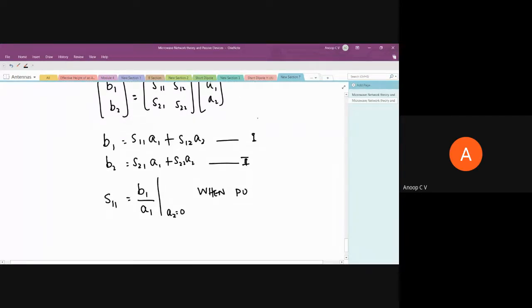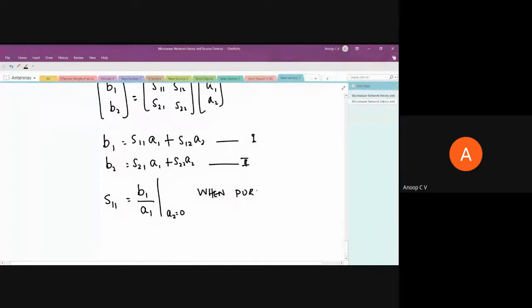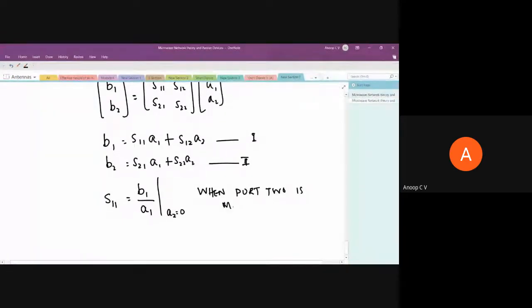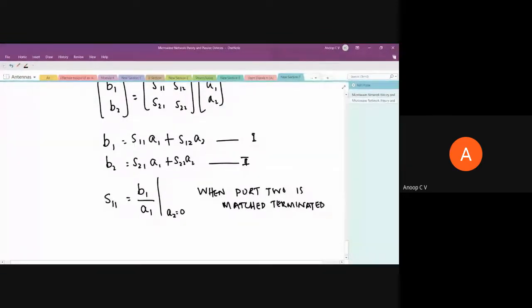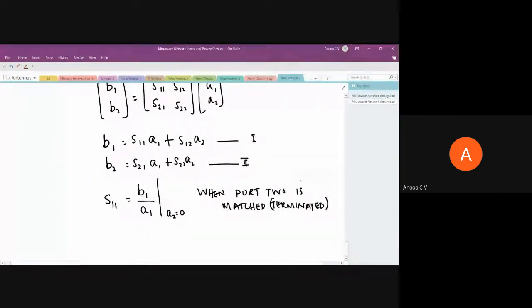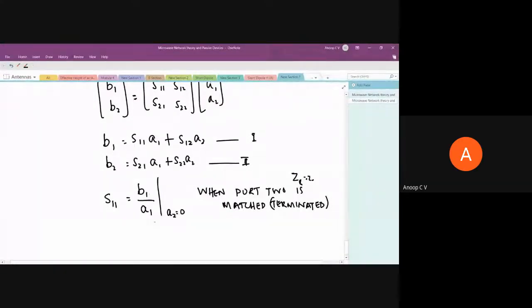So that's why, when port 2 is matched, port 2 sees a matched termination. That is, ZL should be equal to Z0 as seen by port 2. So here it's easy.